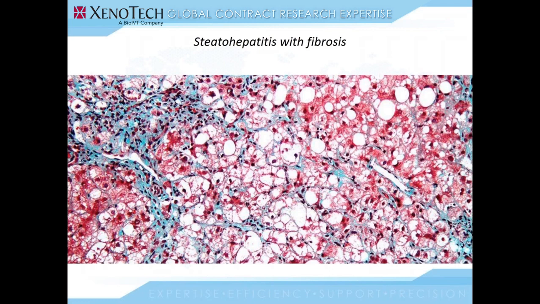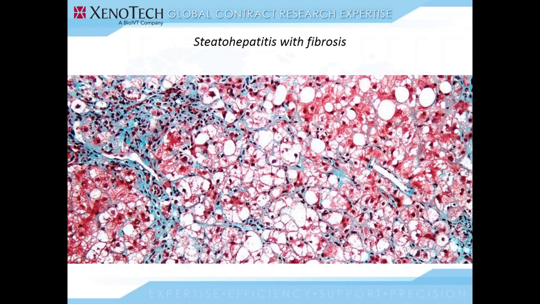Further characteristic of this condition is lobular inflammation with polymorphonuclear neutrophils, ballooning necrosis, and fibrosis. Examples of ballooning necrosis on this slide would be, for example, here. There is a good example here, and perhaps a couple of them here.